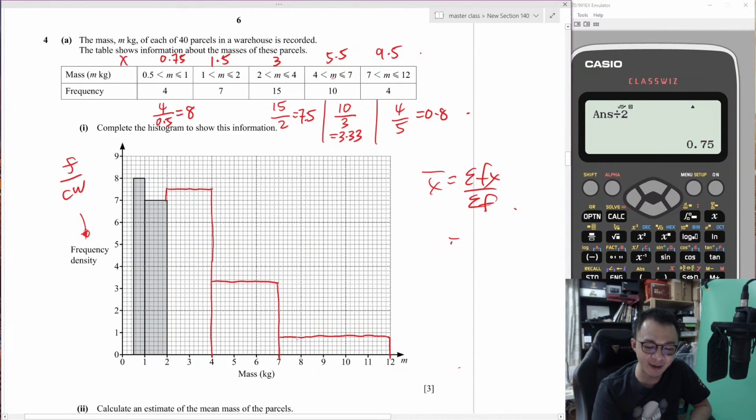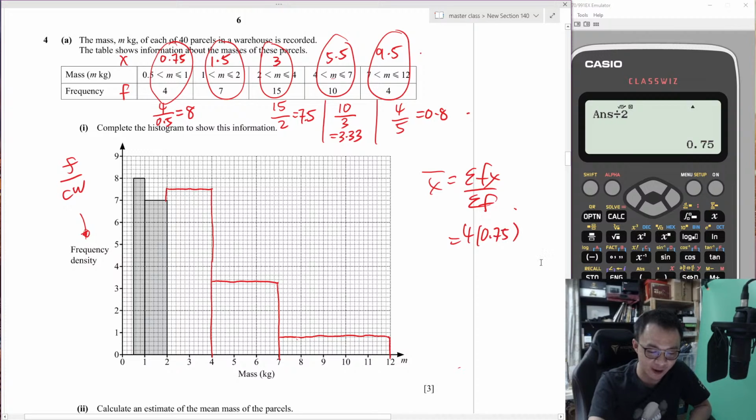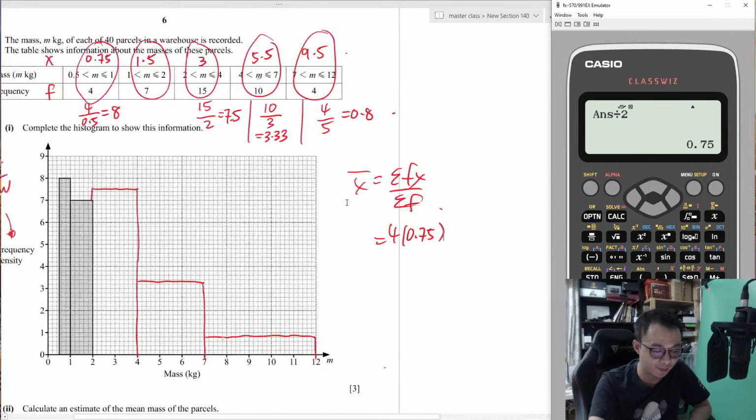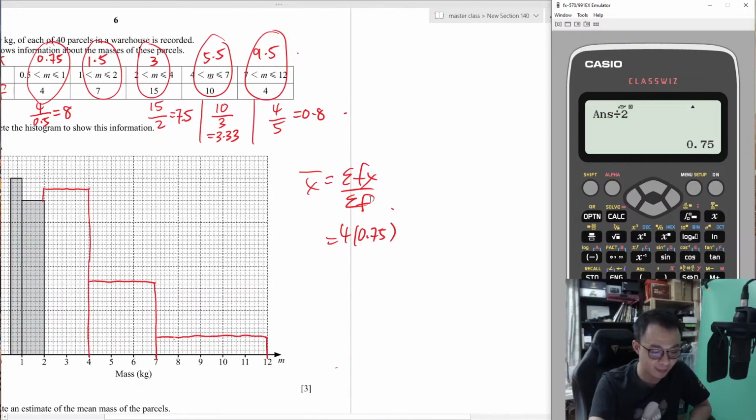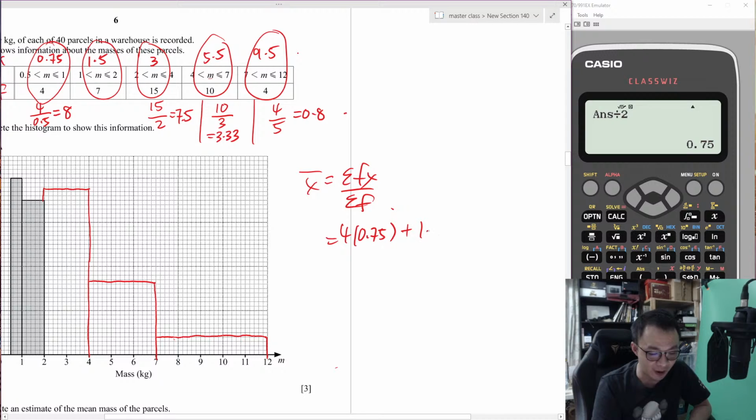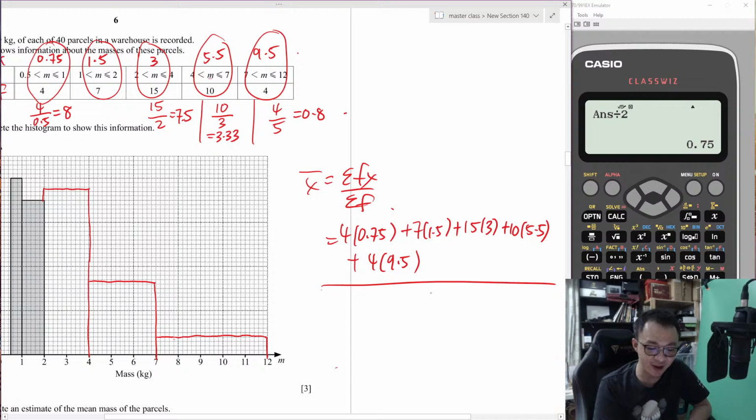Then sum of fx. This is the f value, right? You need to multiply f and x, and then add all of them together. So it's something like 4 times 0.75, plus 7 times 1.5, plus 15 times 3, plus 10 times 5.5, and then plus 4 multiplied by 9.5, divided by the total frequency, 40.